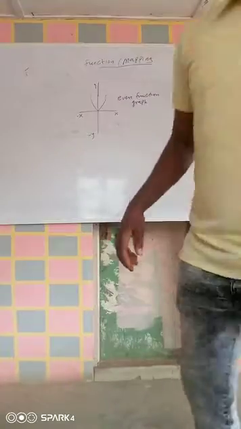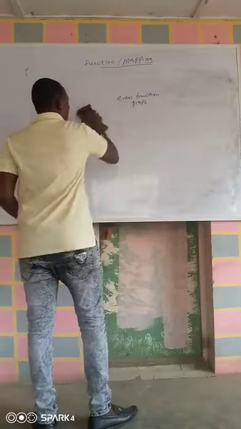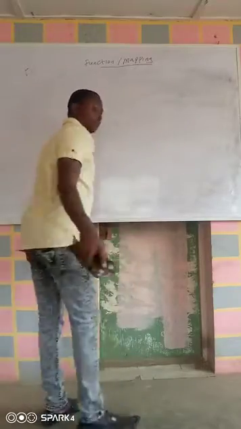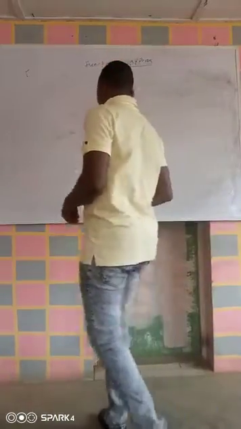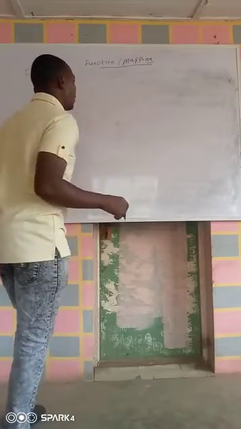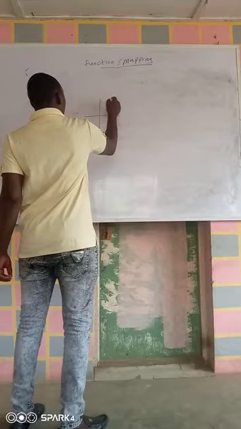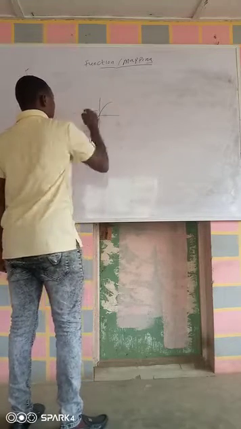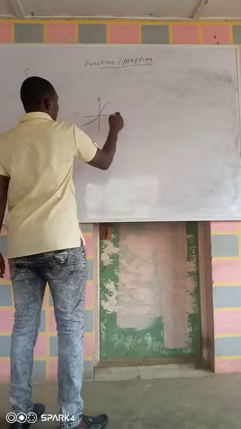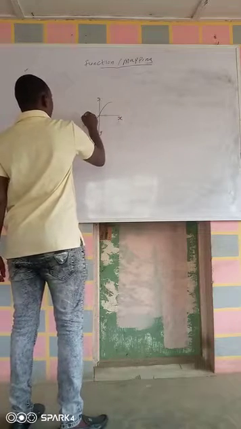Also, the graph of an odd function will be symmetric at the origin. We cut the graph and make it symmetric at the origin. So when we have this, we have y, minus y, s, minus s.